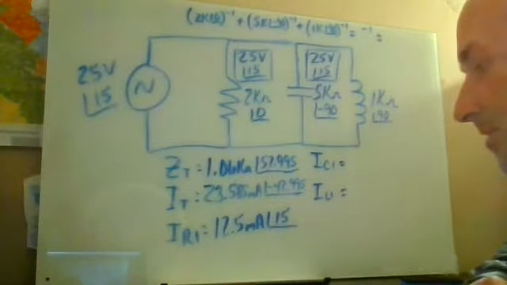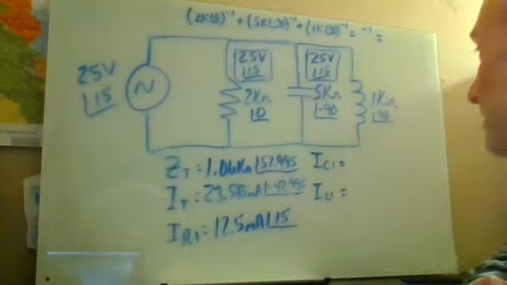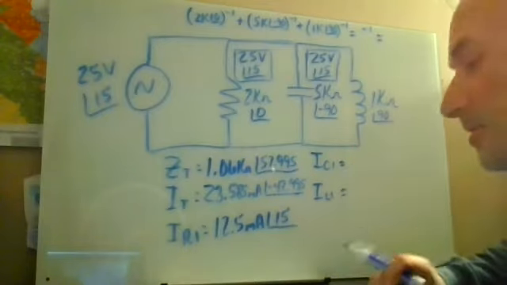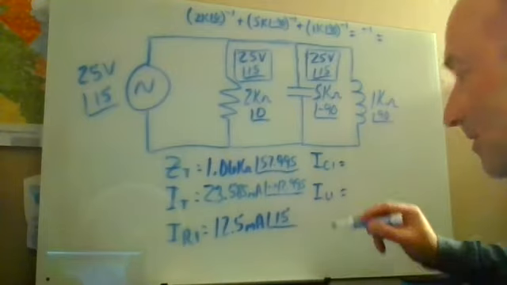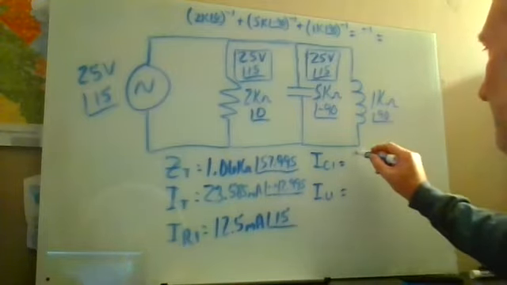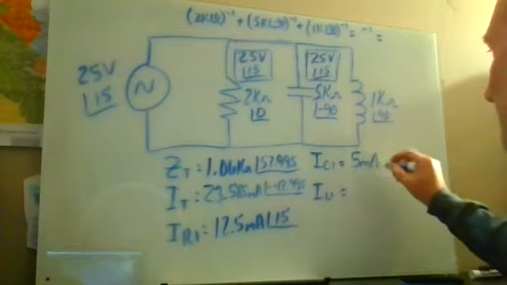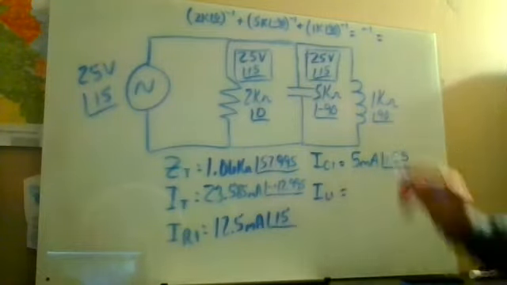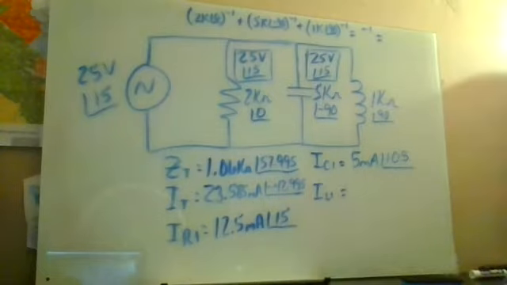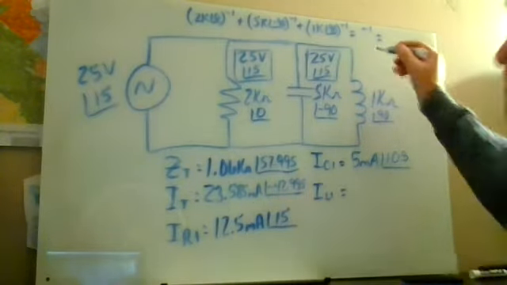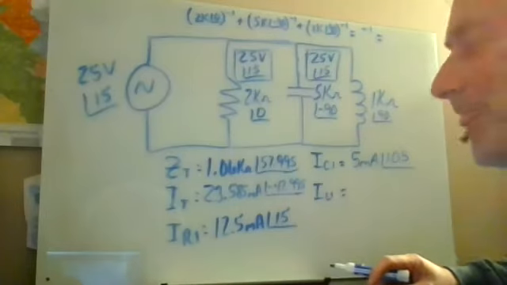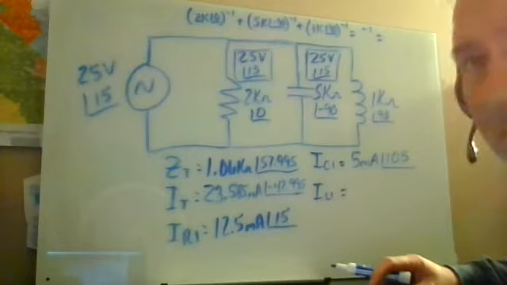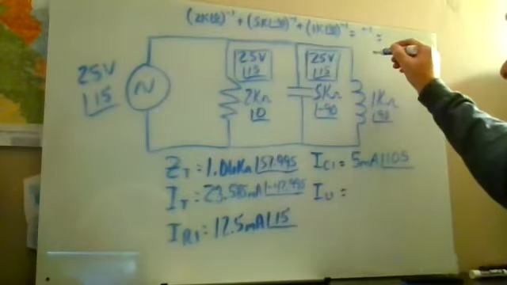Anybody? 5 milliamps at an angle of 105. Outstanding. I do have one question. Okay, what's your question? On my calculator, it said 5 exponent negative 3. That means milliamps. That's 5 milliamps. Yep.